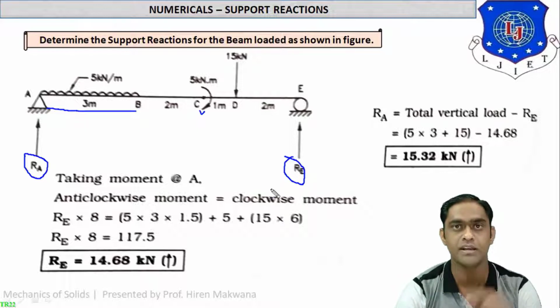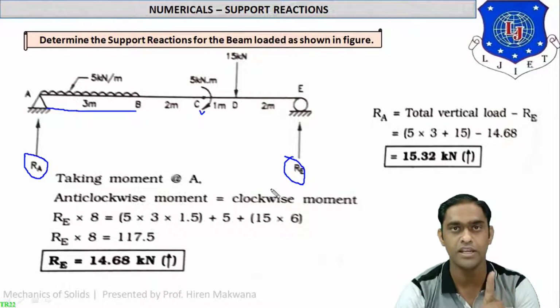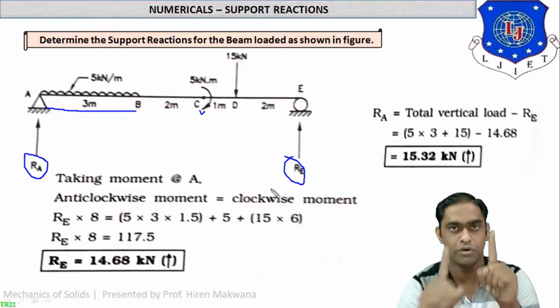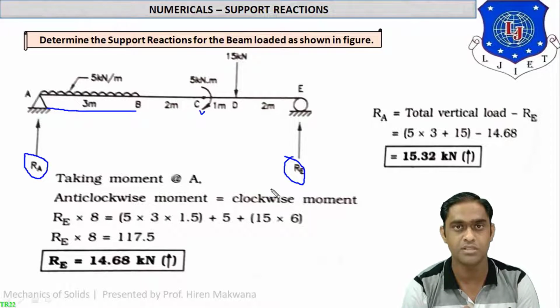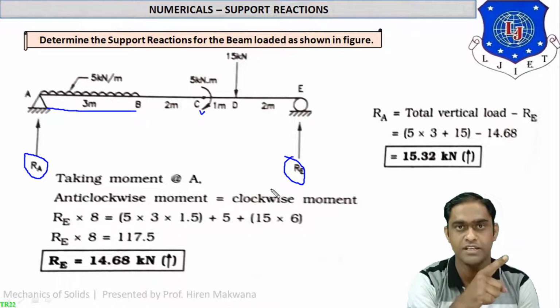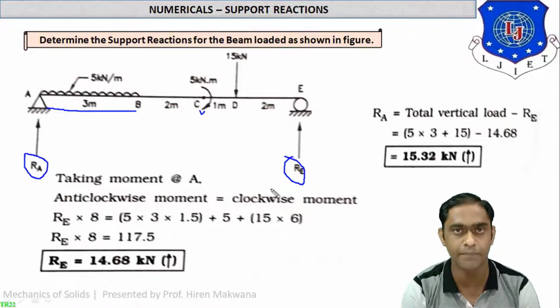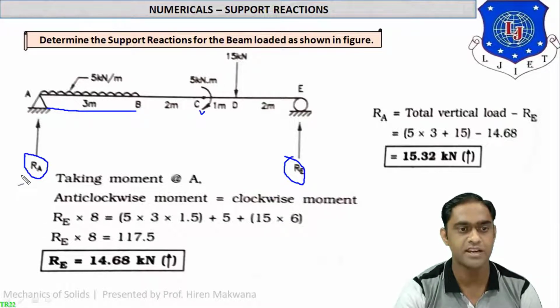Must remember that in this figure only vertical reactions are present. Why? Because there is no inclined force and no horizontal force acting on the beam. So when there is no inclined or horizontal force, only vertical reactions are present. Therefore the reactions are named RA and RE directly. R means reactions.